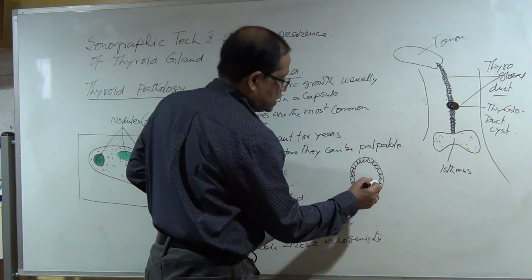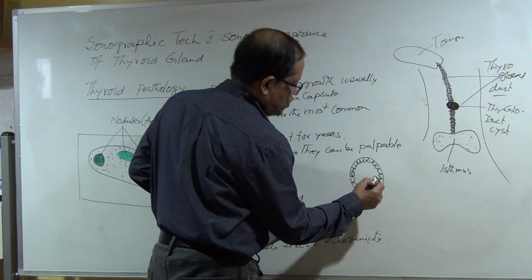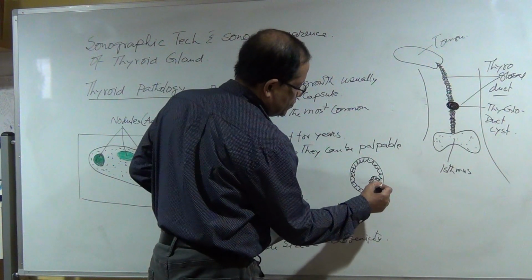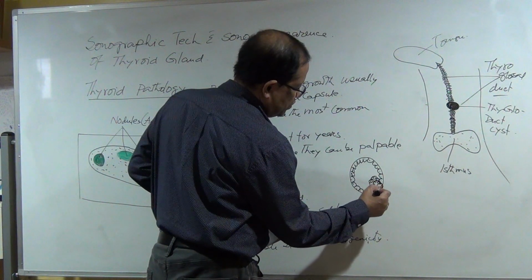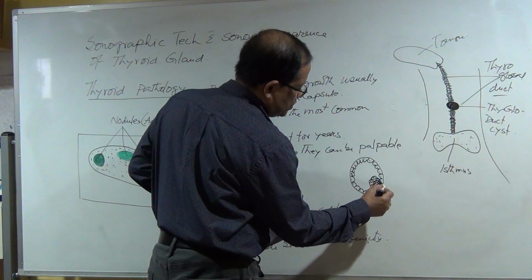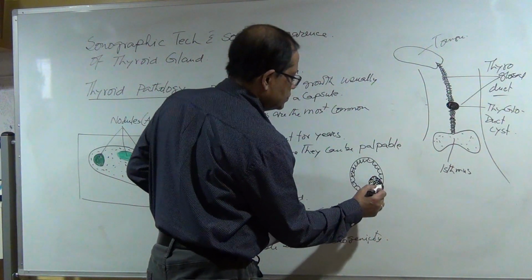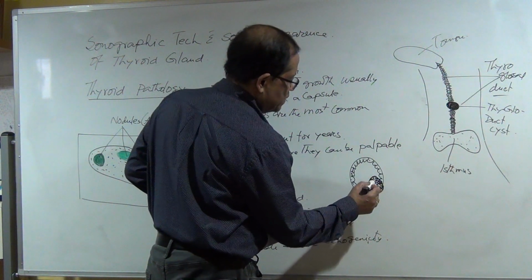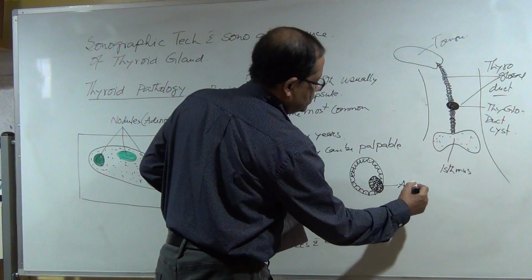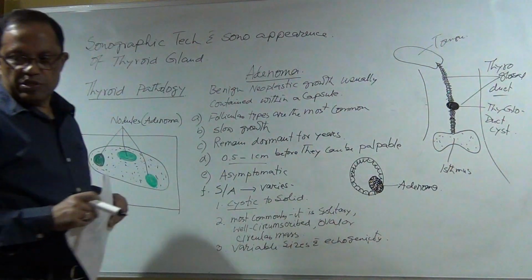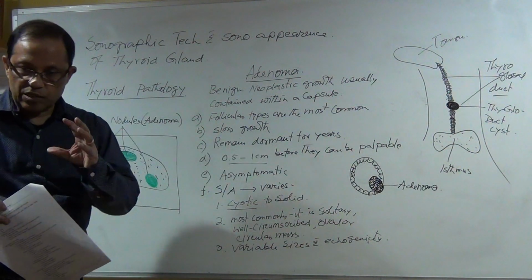And this growth comes from these follicular cells. It gradually gets bigger, that is adenoma, because it must need a cell to grow.